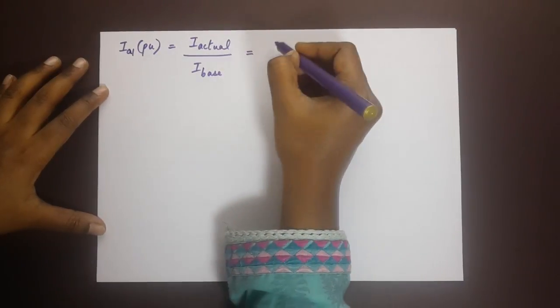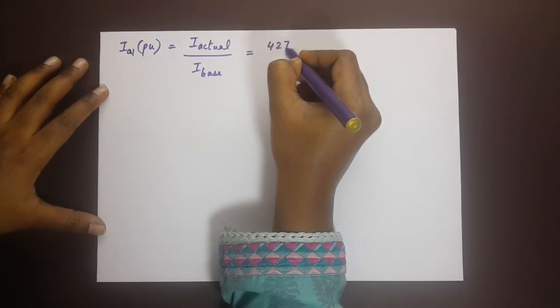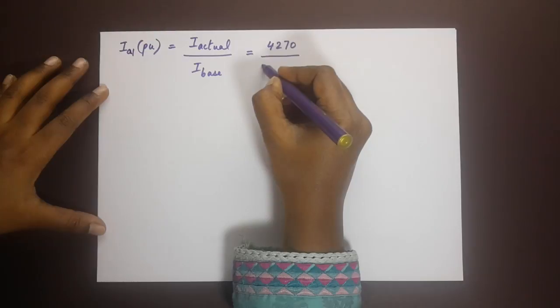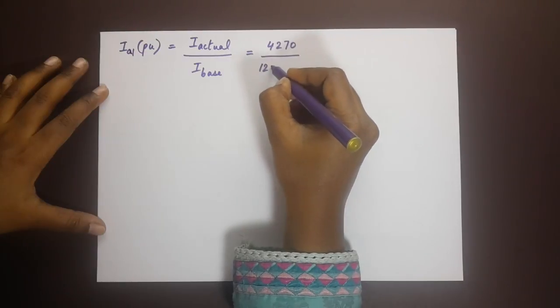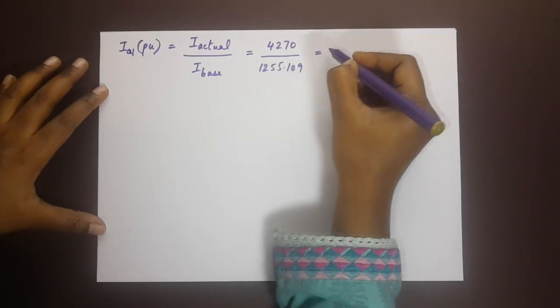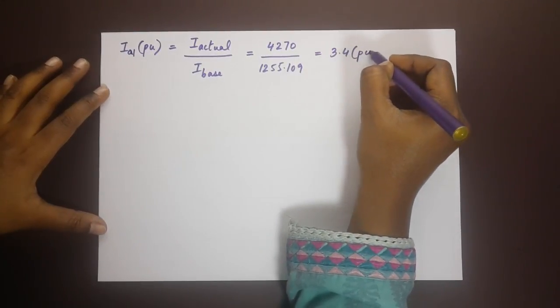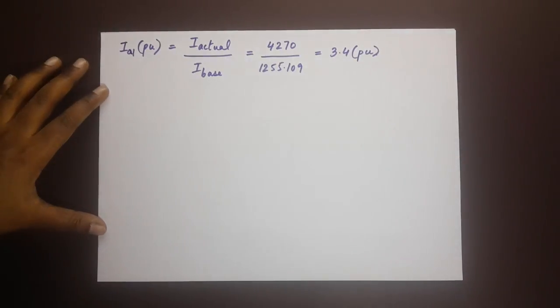So I actual is the value that has been given in the question, 4270, divided by the value that we just calculated, 1255.109, and when we divide that, we get the value to be 3.4 per unit.